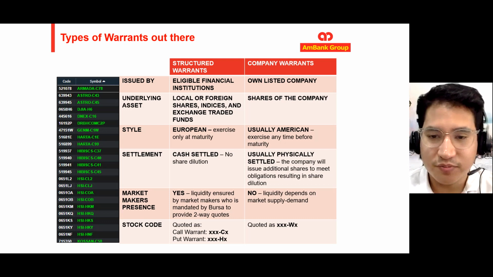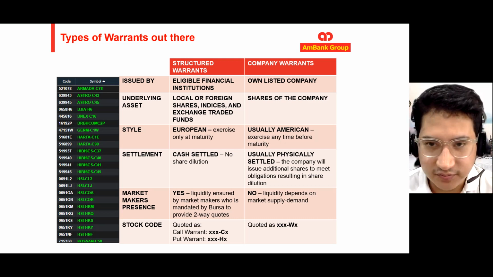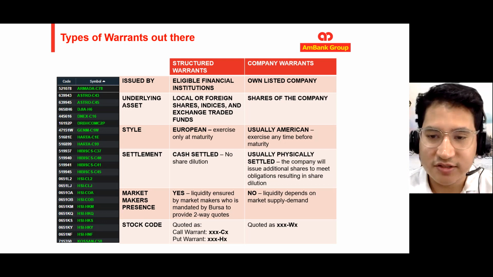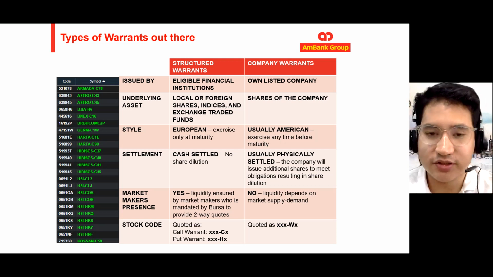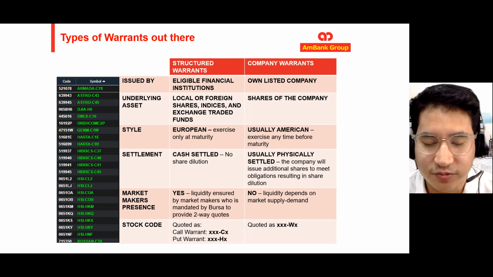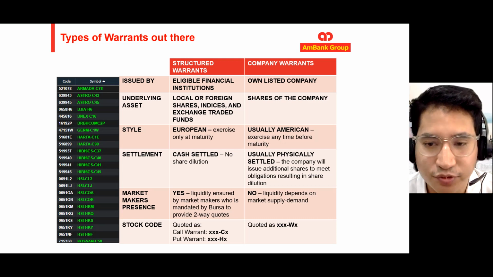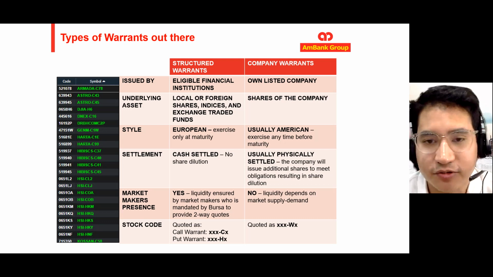As for market makers' presence, structured warrants have market makers. This is basically to do with liquidity. Say you want to buy or sell a structured warrant, it is actually mandated by Bursa for the market makers to always provide two-way quotes.